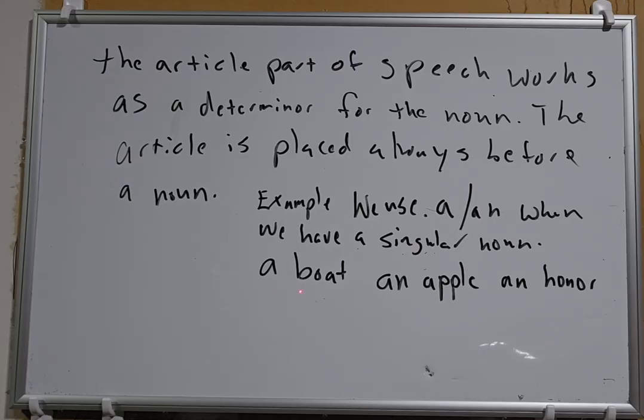A before consonant sound, boat. Consonants are not vowels. An is placed before vowel sounds like apple and honor. Honor is beginning with a consonant, but the sound of the word begins with a vowel sound, as in honor.